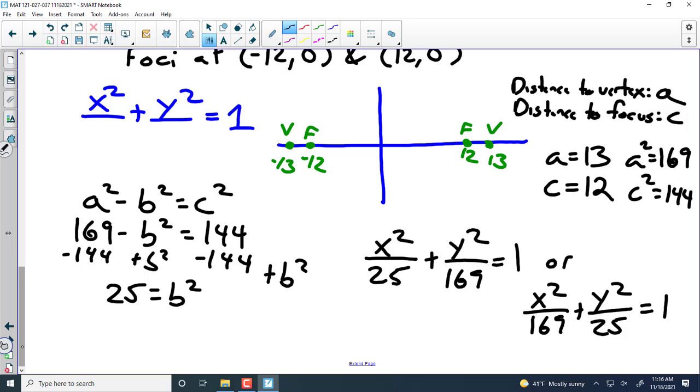Did I go up and down 13 or left and right 13? Left and right 13.